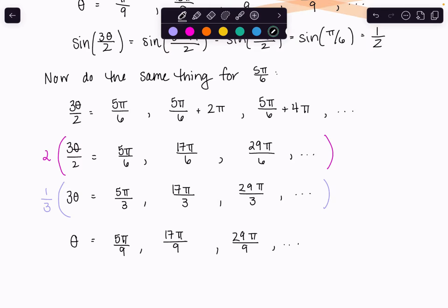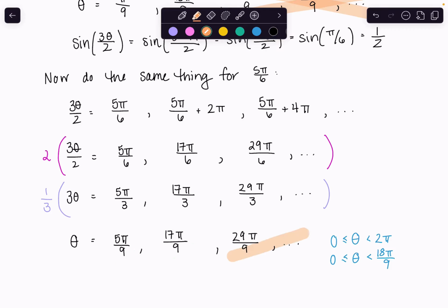Okay. So I have to figure out which ones work. And again, theta has to be in the interval from 0 to 2 pi. If you want to break that down into 9's, theta has to be between 0 and 18 pi over 9. So this one is less than 18 pi over 9, and so is this one.